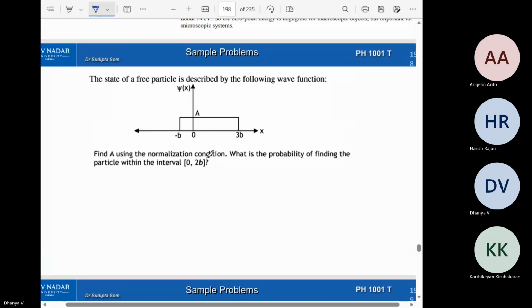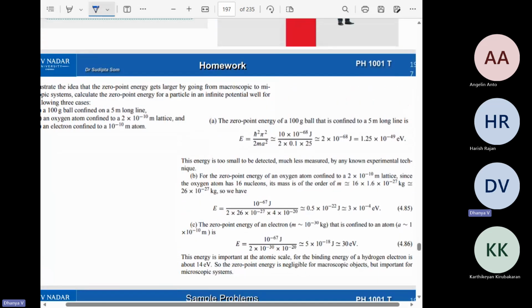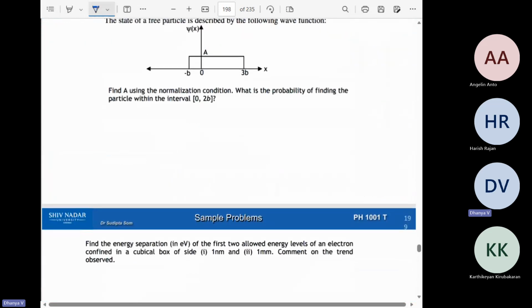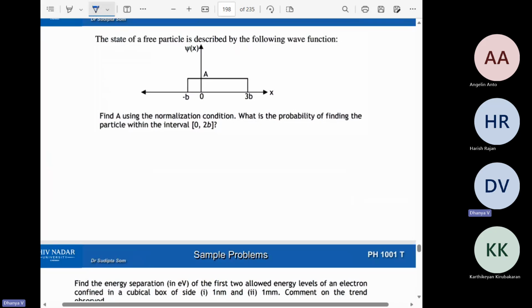What is this question? This question they've given the answer itself. Maybe we'll do that later, but okay, they've not given the answer here. What is this? The state of a free particle is described by the following wave function. Okay. And they've given us the diagram. Now find A using the normalization condition. So normalization condition, usually it's minus infinity to plus infinity. But over here it exists only between minus b to plus 3b.